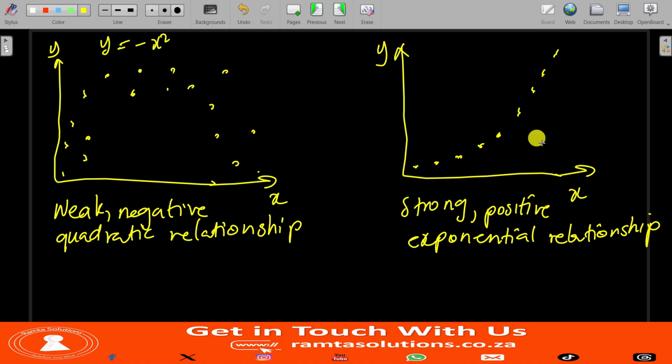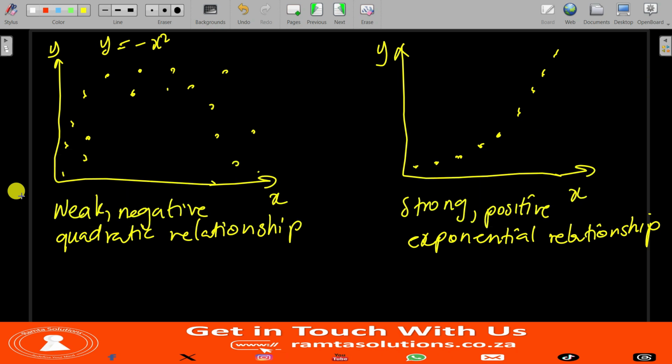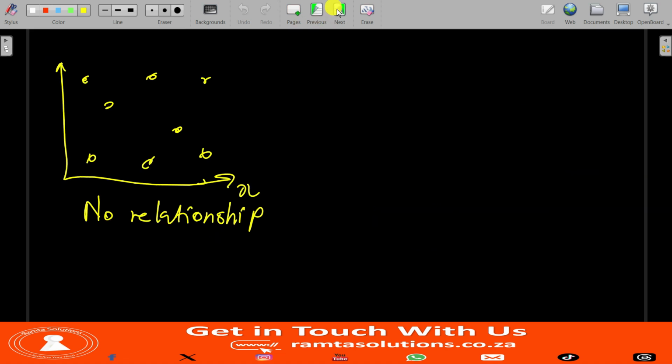That's when it's a negative relationship. Now, with the strength, we said the points need to conform to that particular function. If it's conforming almost perfectly, you will call it strong. If it's conforming with so many deviations, you will call it weak. Good. Now, if there is no conformation whatsoever, or there is not even a function that you can read from your diagram, there is no relationship.